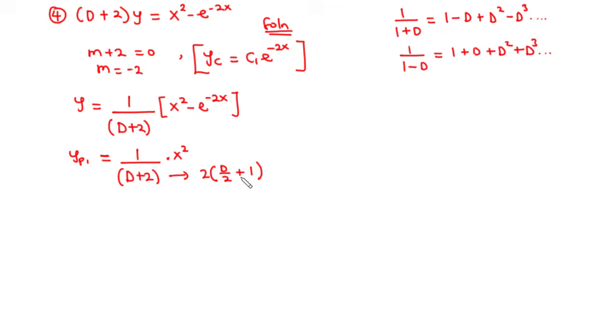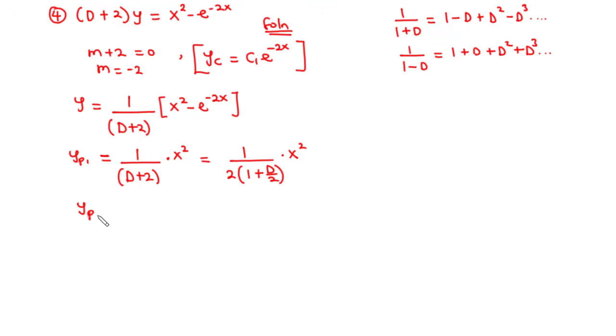And then we interchange the positions of these two terms so that we have 1 plus d over 2. So that is how we are going to manipulate the denominator. So this will be equal to 1 over 2 on the outside, and then in brackets 1 plus d over 2, times x squared.